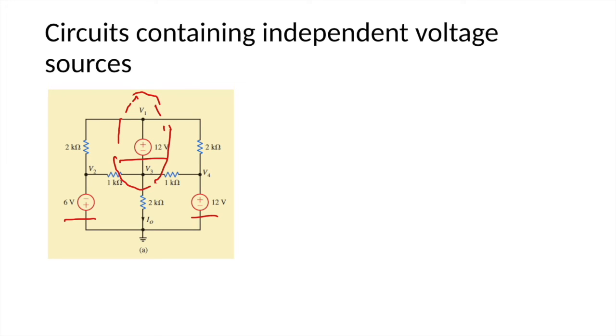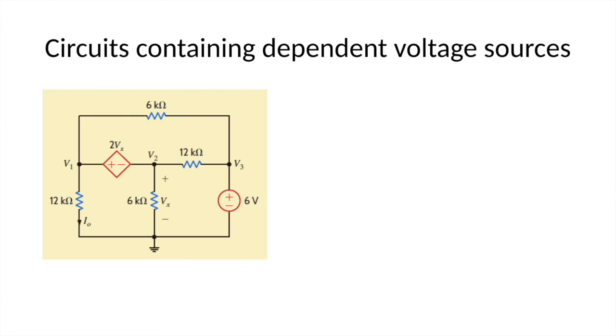We have two nodes in the supernode, V1 and V3, and their relationship is that V1 equals V3 plus 12. So V1 is 12 volts higher than V3.